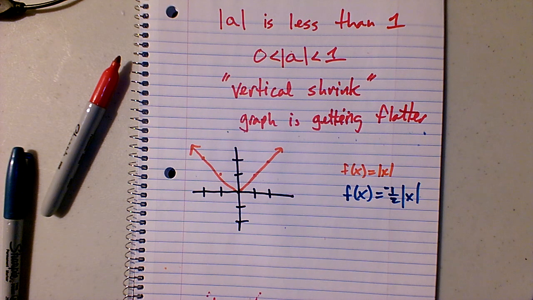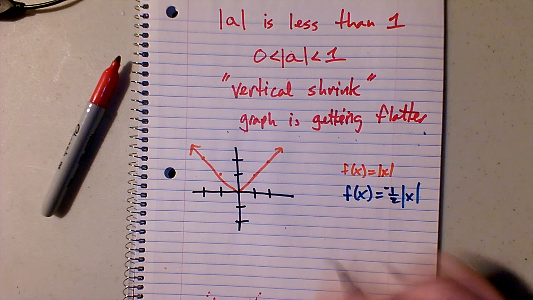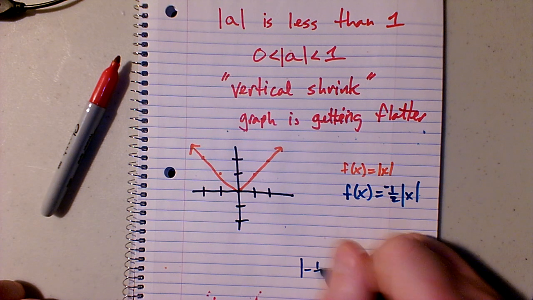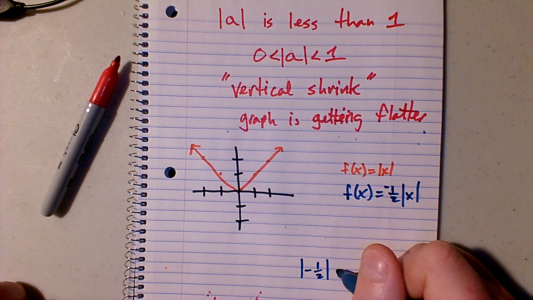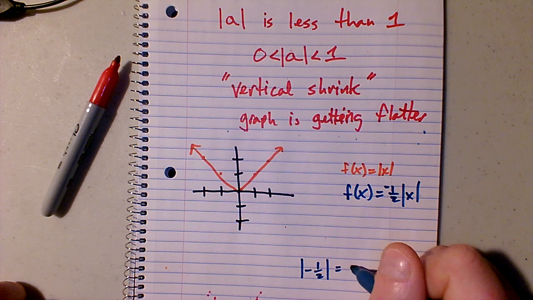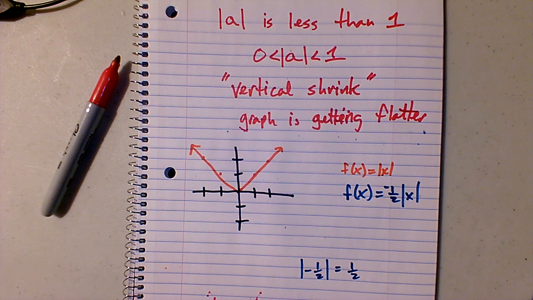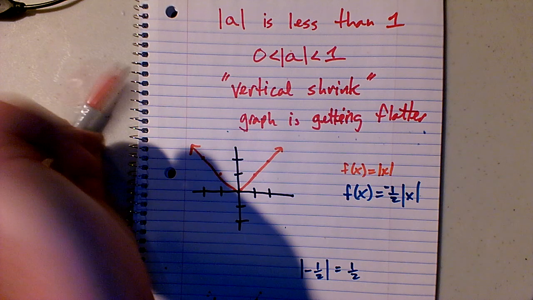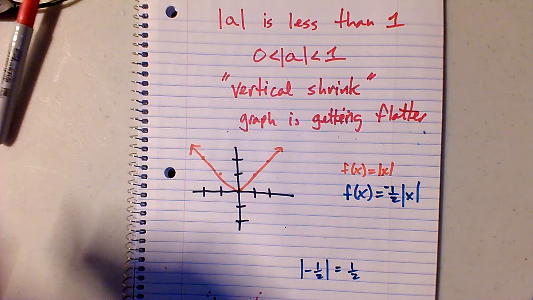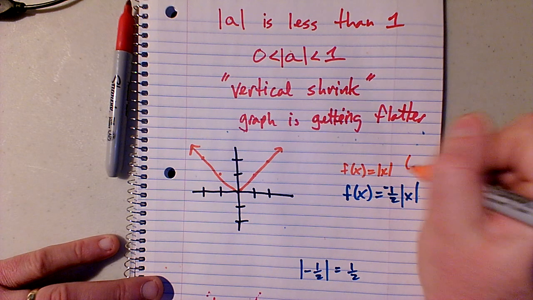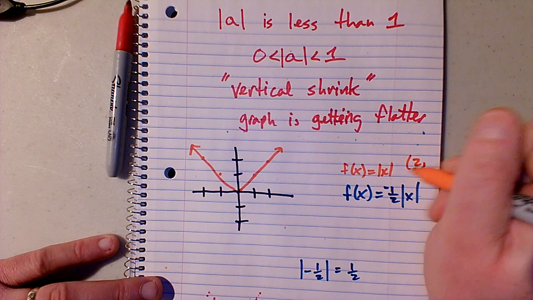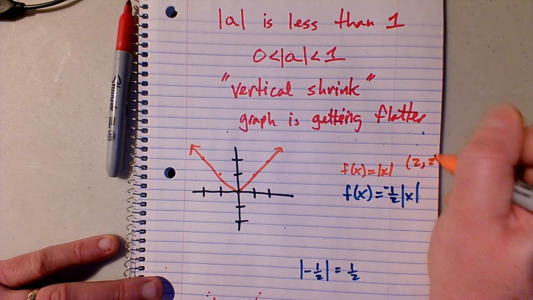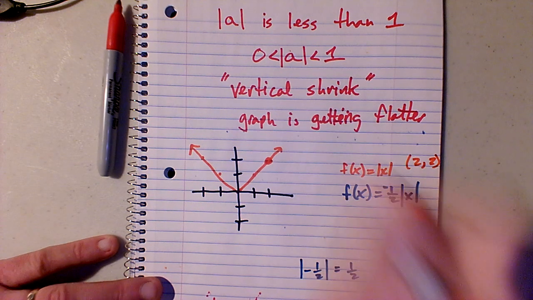But you'll still be able to see it. So, if I take the absolute value of negative 1/2, the A coefficient, that's equal to 1/2, which is less than 1. So what's going on is, let's say if x is 2, my y value is going to be 2. That is this point right here.